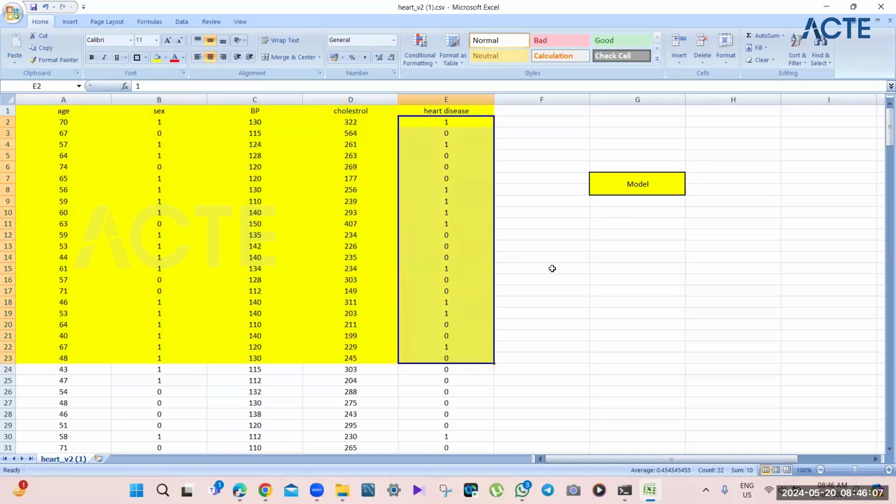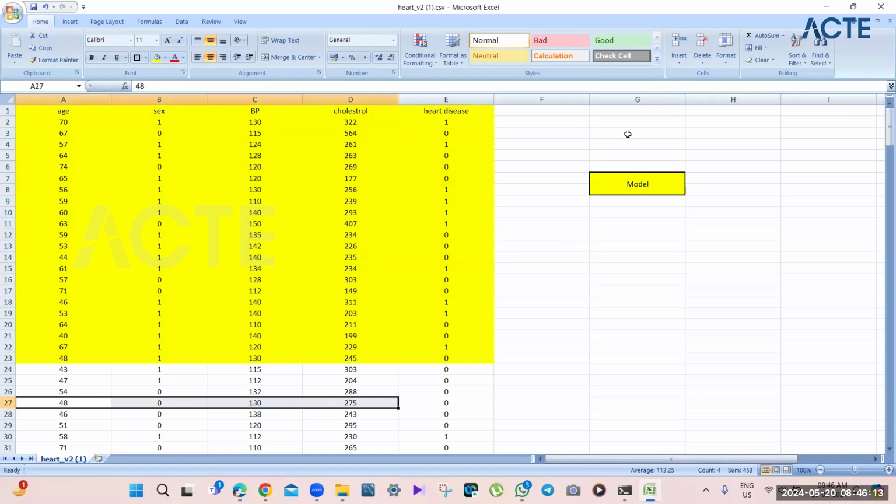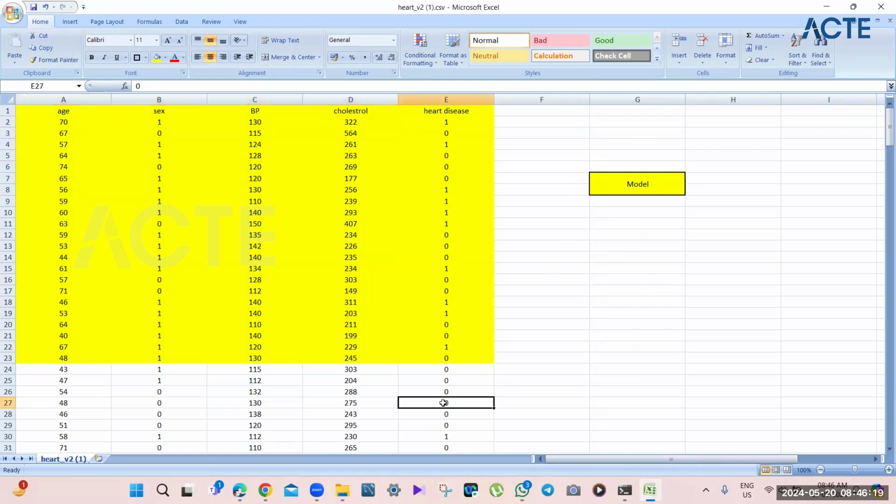So if the model can identify this, then in the near future if I give new input, the model will give me something as the output. Then I have to check whether the model's output and the real output are matching or not. If they are close, then the model has really worked. If they are different, then the model has failed to work, right?